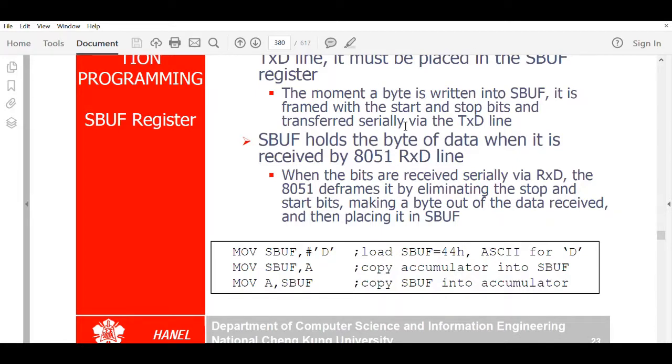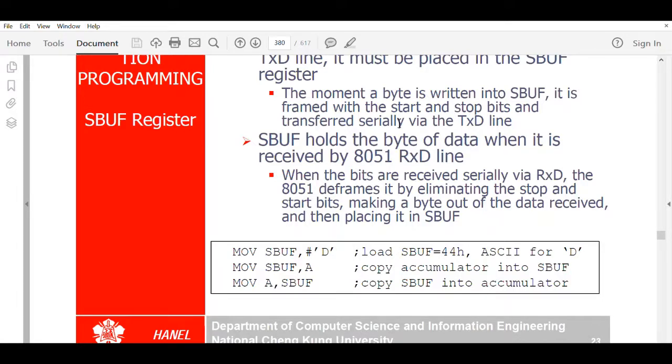In SBUF, you keep the 8-bit data. It will be framed by adding the start and stop bits to these 8 bits, so the 10 bits are formed. Using the transmit line, it will be sent out.